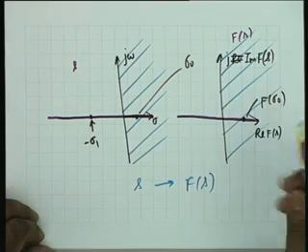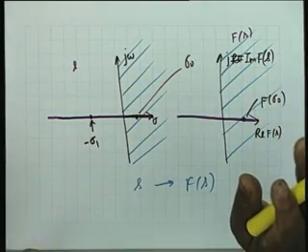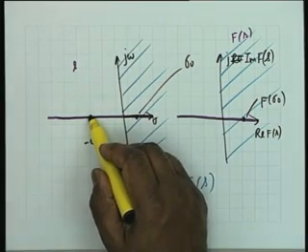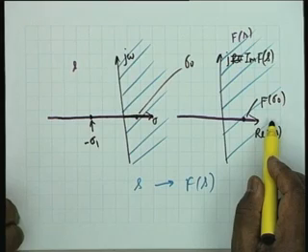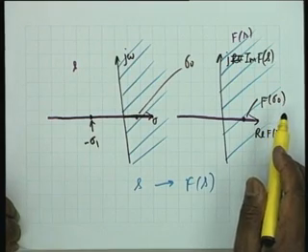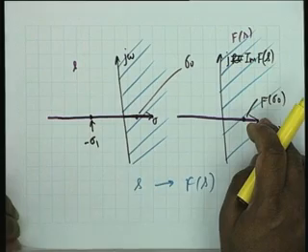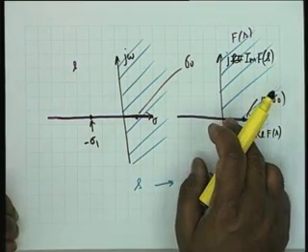If S is at this point, then S is a real quantity and f of s has to be real, and therefore it must be somewhere on this line, but it does not specify where. It could be in the right half of the real axis or in the left half of the real axis. It could even be at the origin, it does not matter.